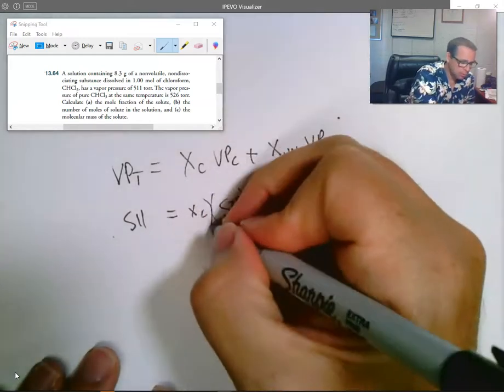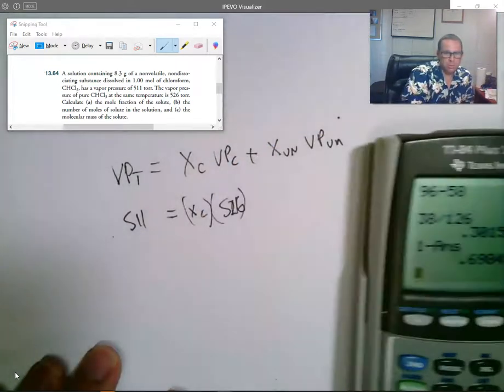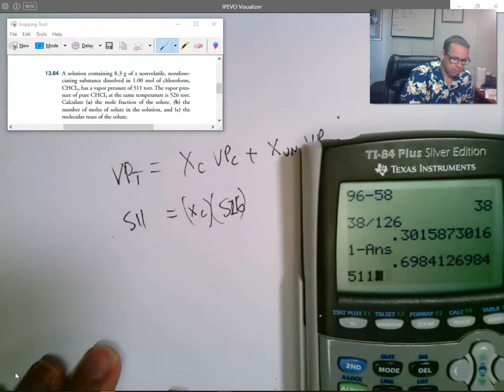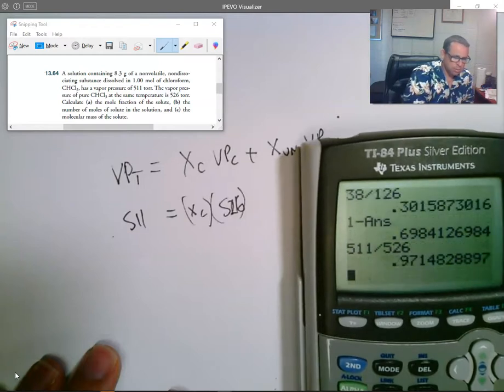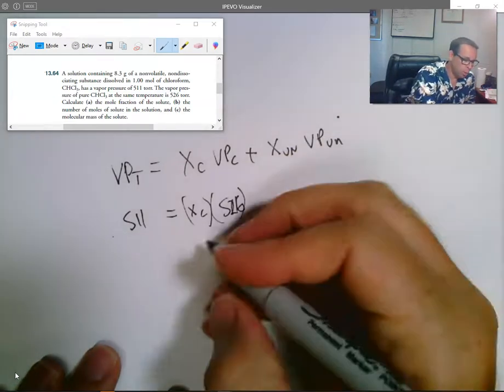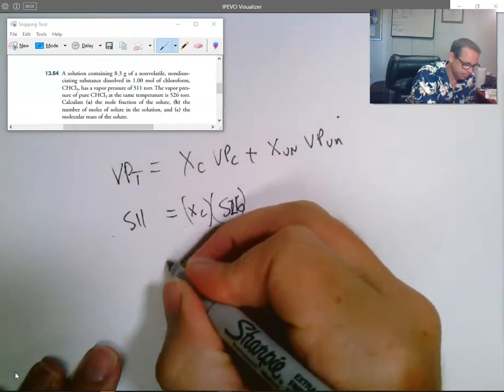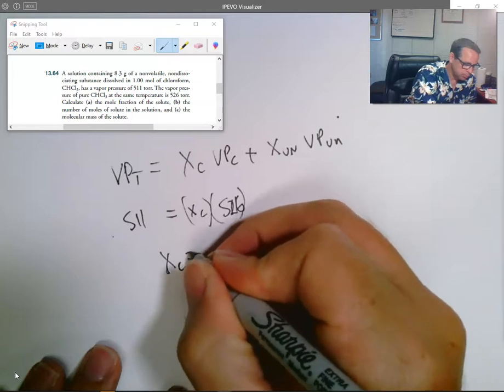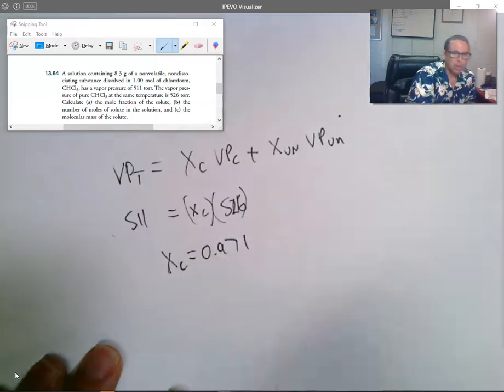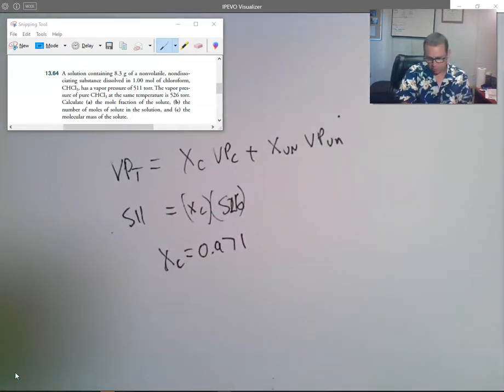So we can solve for the mole fraction simply by taking our 511 divided by 526. So 0.971 is the mole fraction of the chloroform.